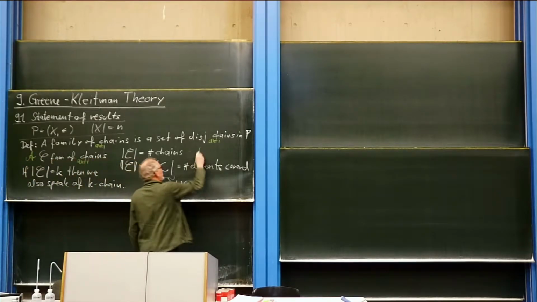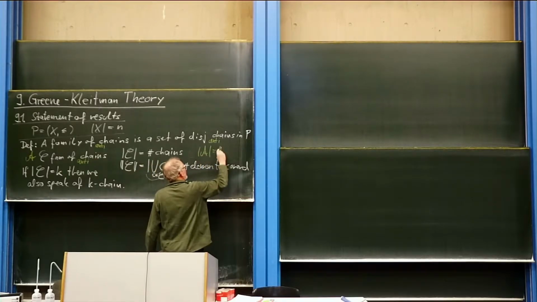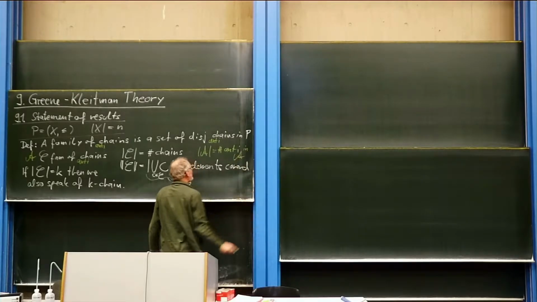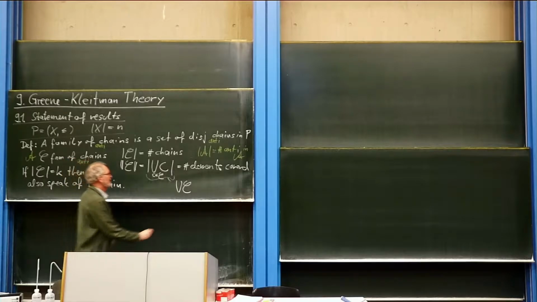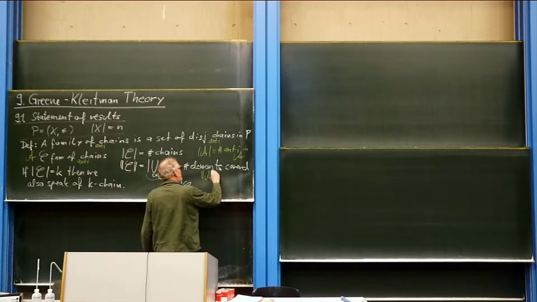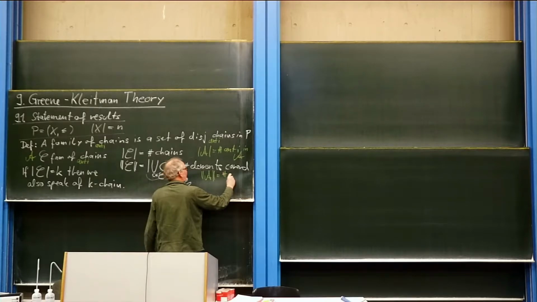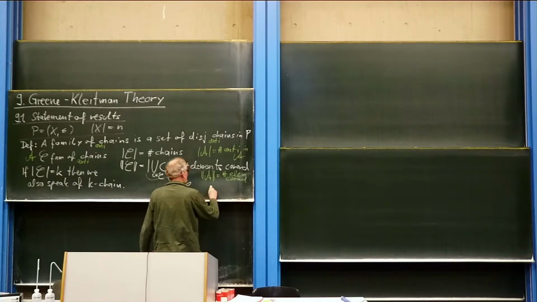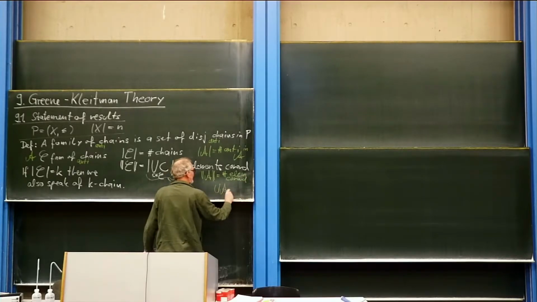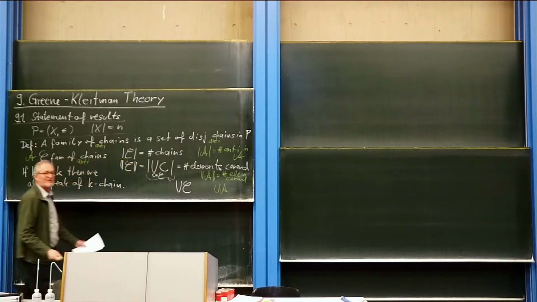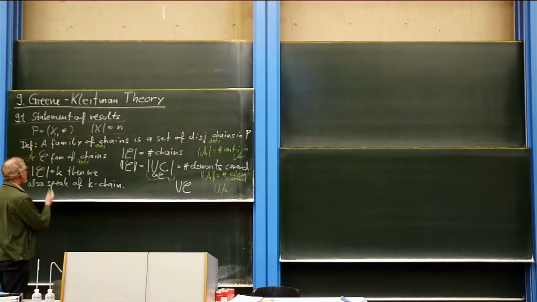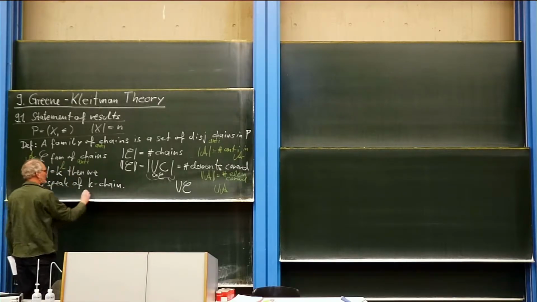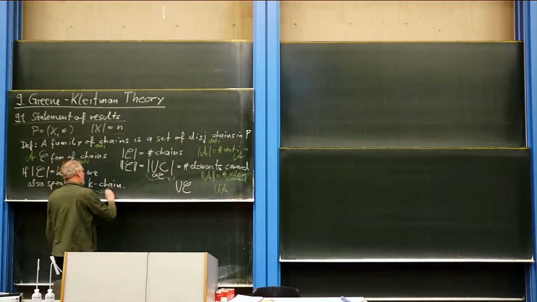Then we have the number of antichains in A, and the same thing here: this is the number of elements covered, and we speak of the union of A as the set of elements covered. And typically, instead of taking a K here, we take an L. So we speak of L antichains.